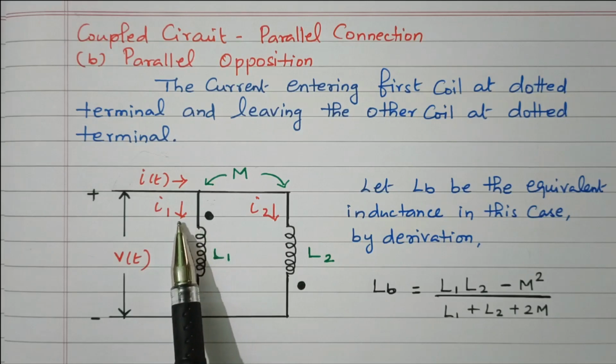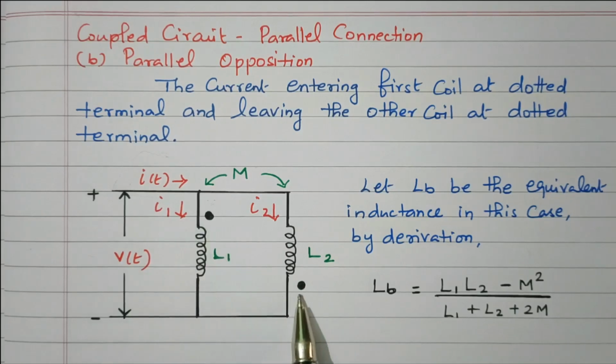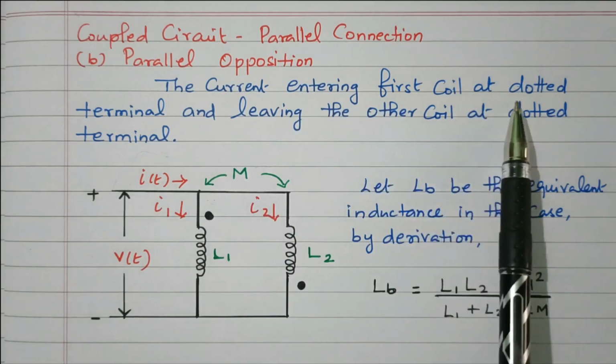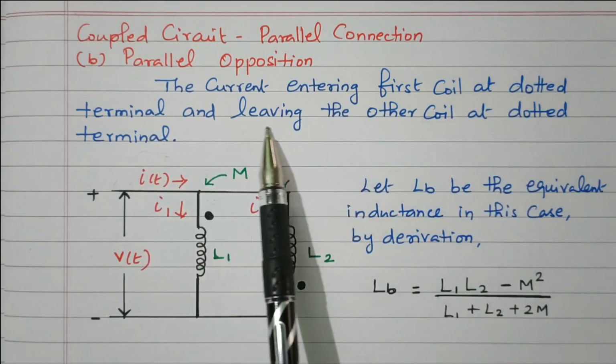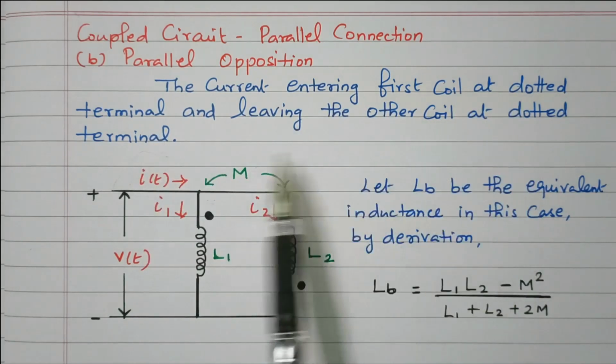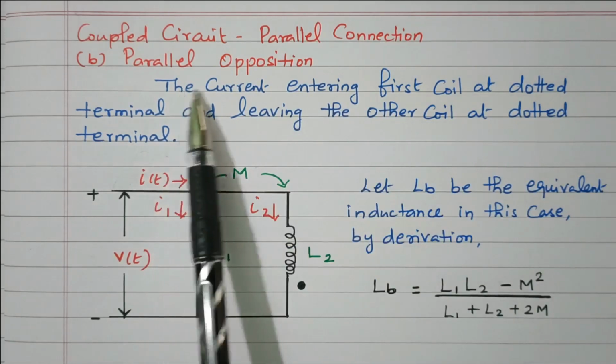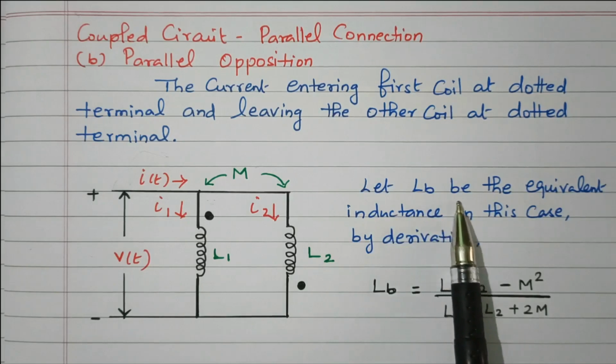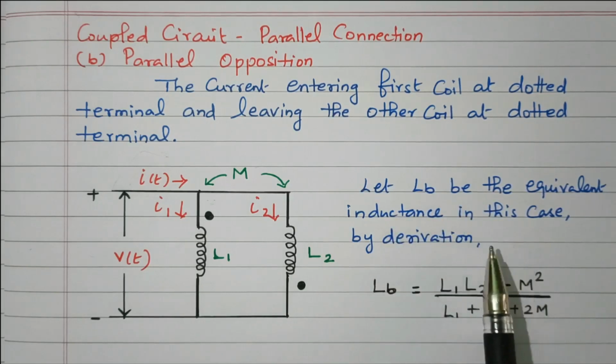But here one current enters at the dotted end and one current leaves at the dotted end, so it is coming under parallel opposition. Let LB be the equivalent inductance in this case.